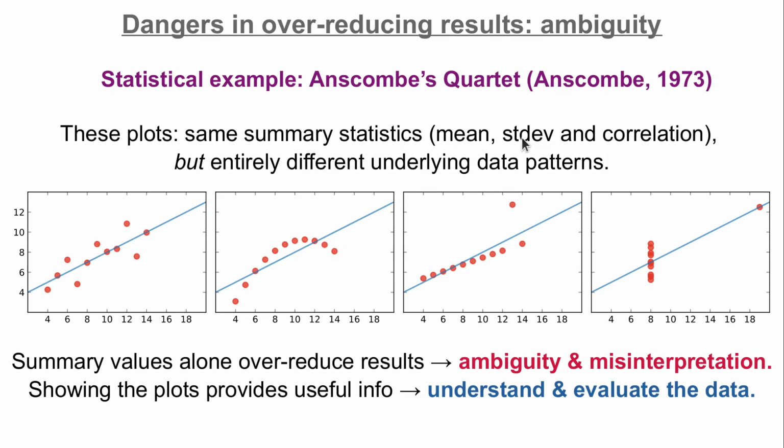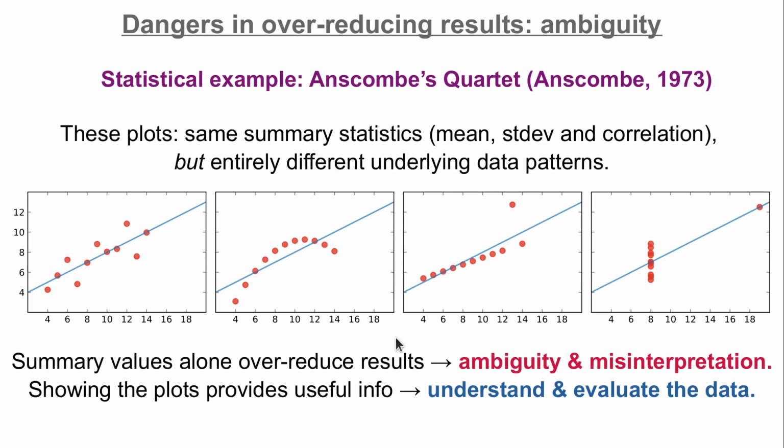From the same set of summary statistics, you get very different possible underlying data sets, and we have no idea which one it is, and it would really matter to how we interpret the data. So if we only report the summary statistics, we're left with a lot of troubling ambiguity and likely misinterpretation. We might picture this in our mind when the data is actually that, or any of these or other ones.